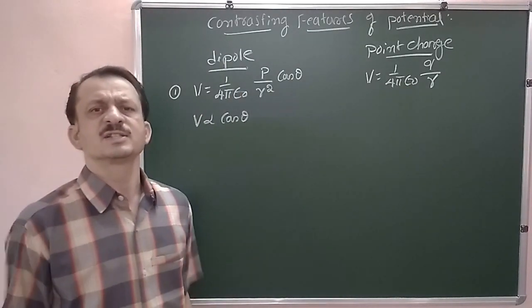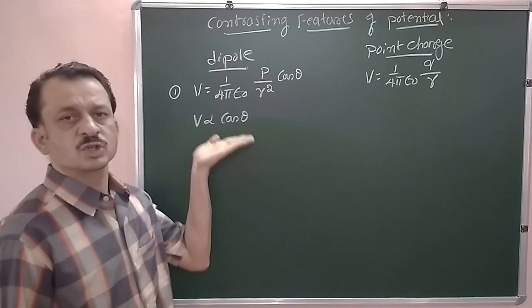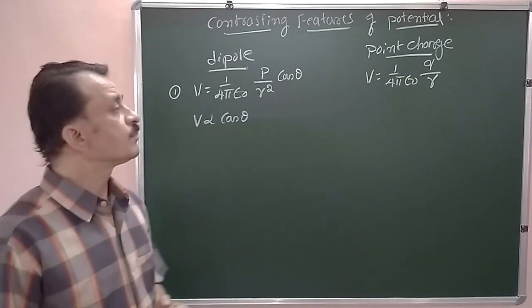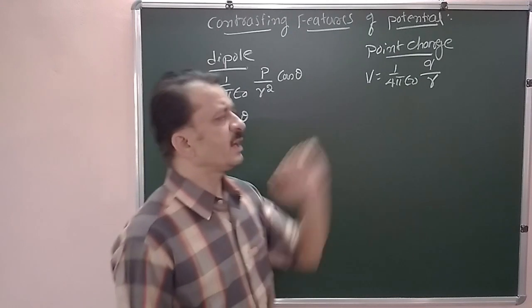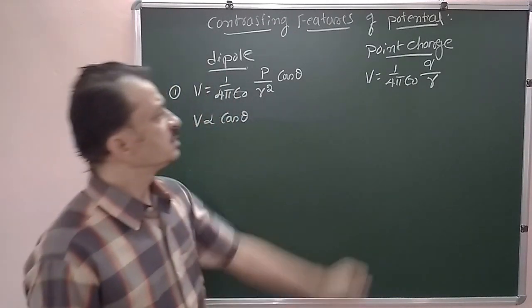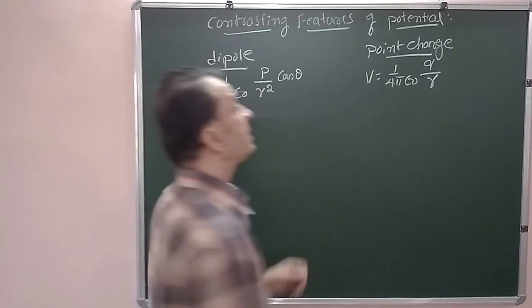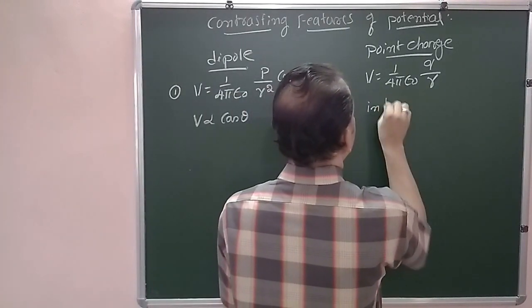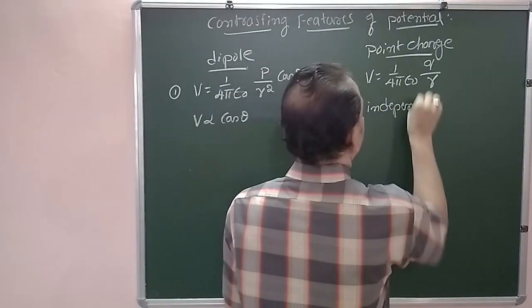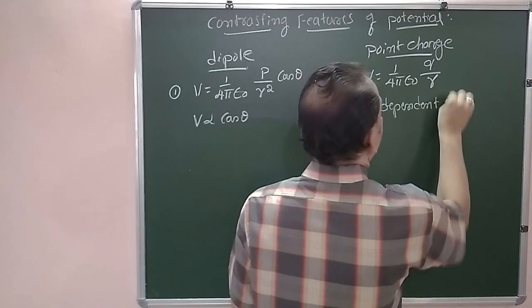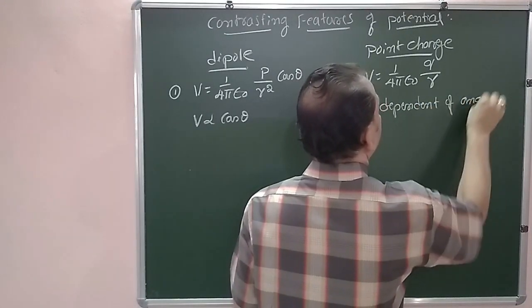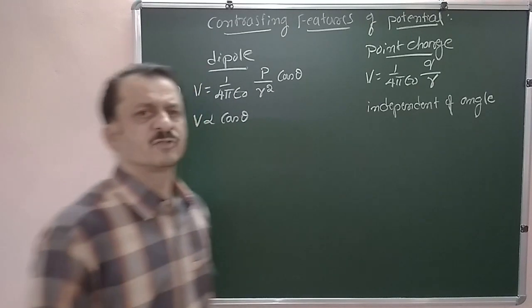If the angle varies, then potential also goes on changing. But on the other hand, the potential due to a point charge is independent of the angle.